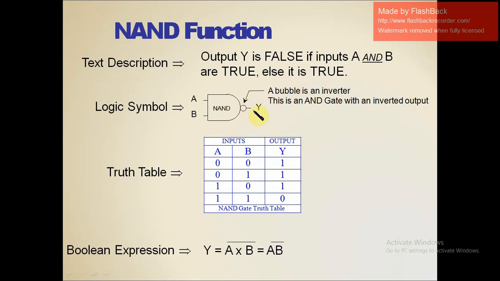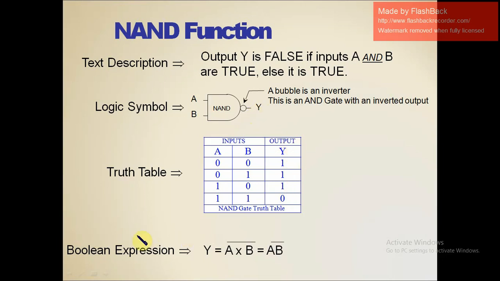A bubble is an inverter. This is an AND gate with an inverted output. See here, only when true values are given do we generate the output 0. The remaining time it will be 1.